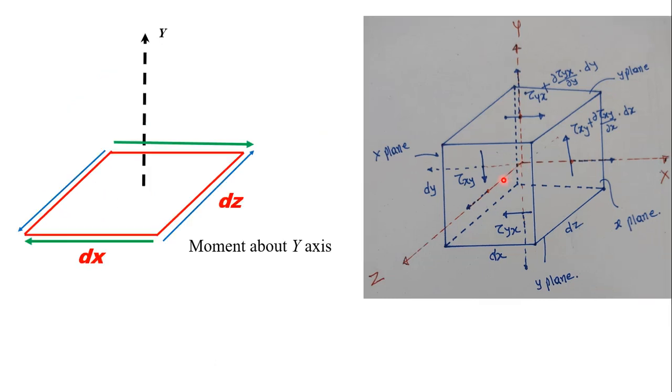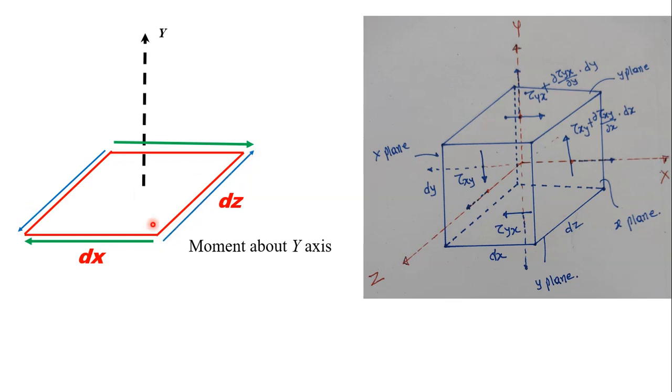Similarly, let us consider the y plane. This is y plane, shown in the figure, and this is y axis, and dimensions are dx and dz. Now if you take moment about this y axis, then there will be moment of the shear stresses only.